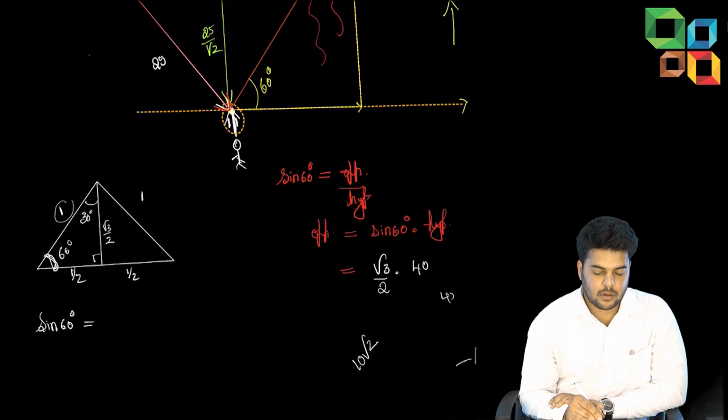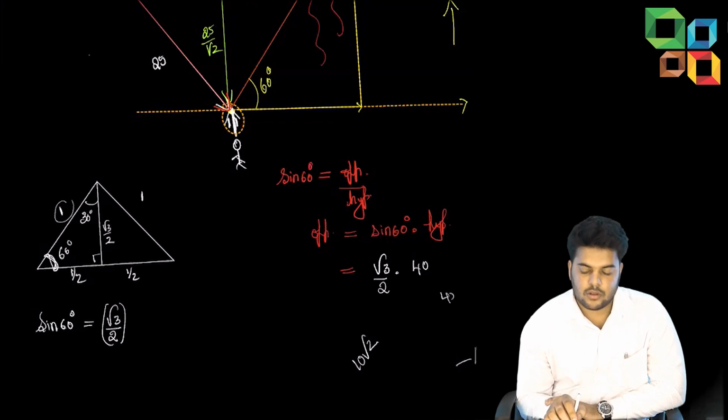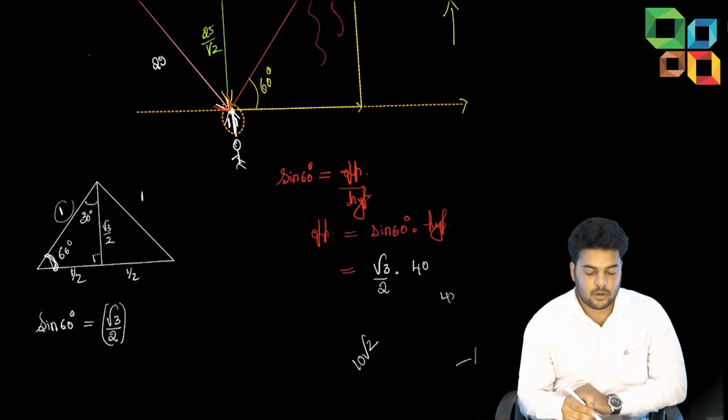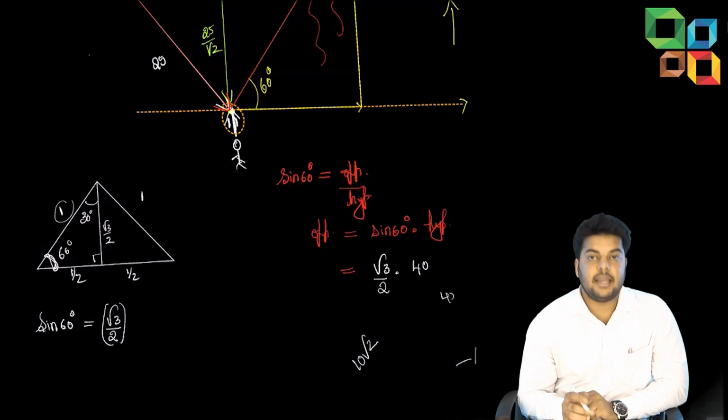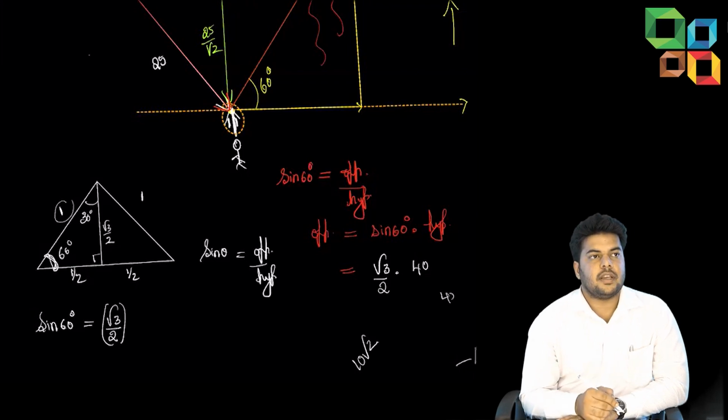Sir, sine 60 degrees is root 3 by 2 into 40, right? Why 40? Where do you get 40? I'm not talking about that triangle. I'm talking about this triangle over here. Sine theta is defined as opposite divided by hypotenuse, always, whichever triangle you look at.